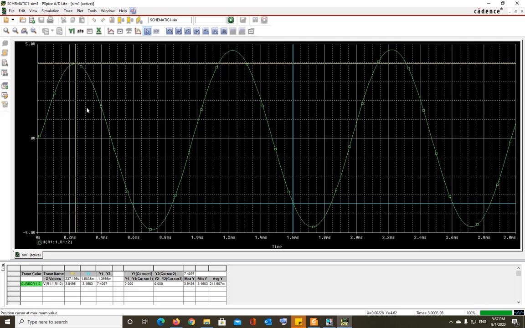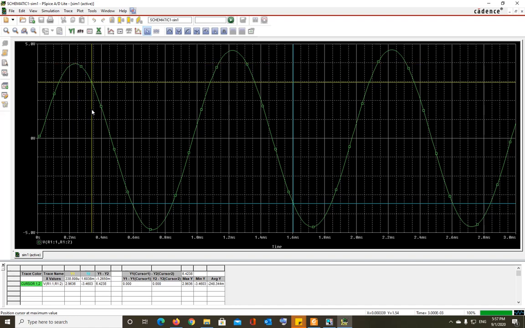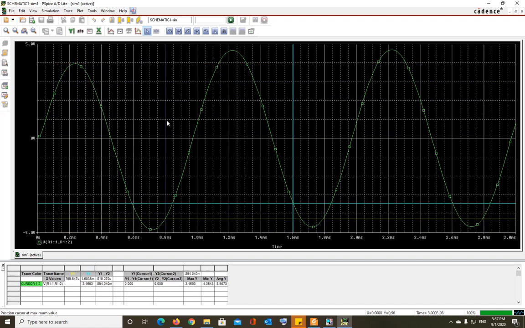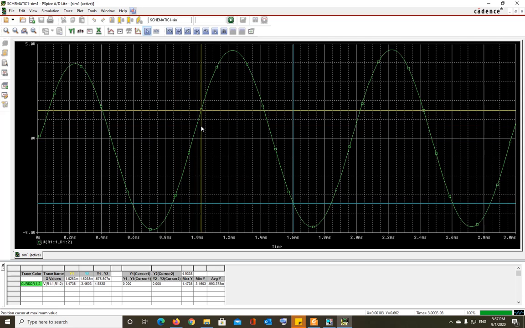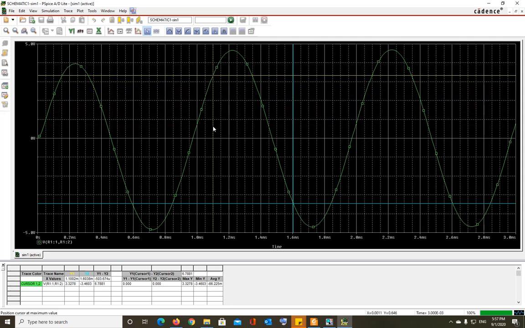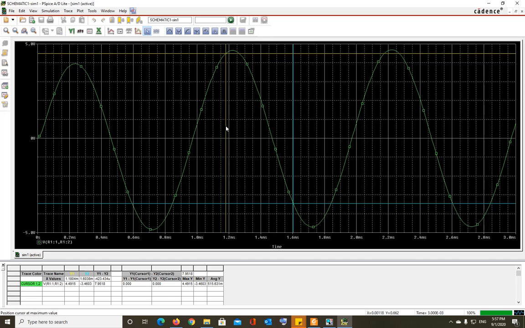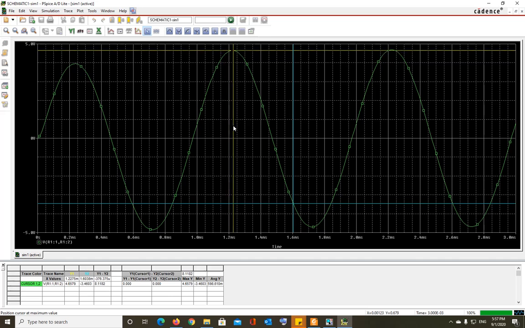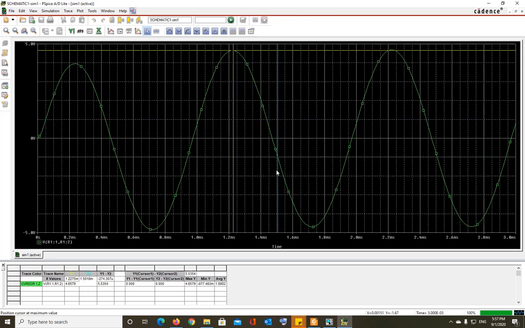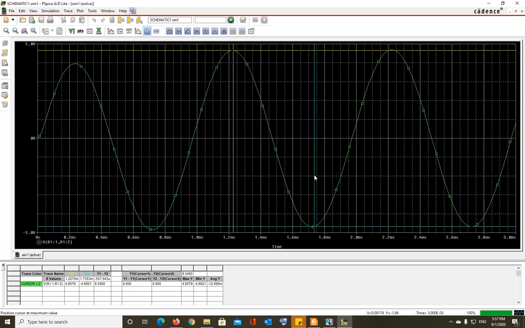Generally, it takes a little time if you have an inductor and capacitor. It takes time for the inductor and capacitor to charge, and then the waveform becomes steady state, moving between two constant values. So generally, we ignore the first peak if we are measuring the steady state value, and go to the second or third peak. So I put a cursor on the second peak, and I put the blue cursor on the bottom of the second cycle.